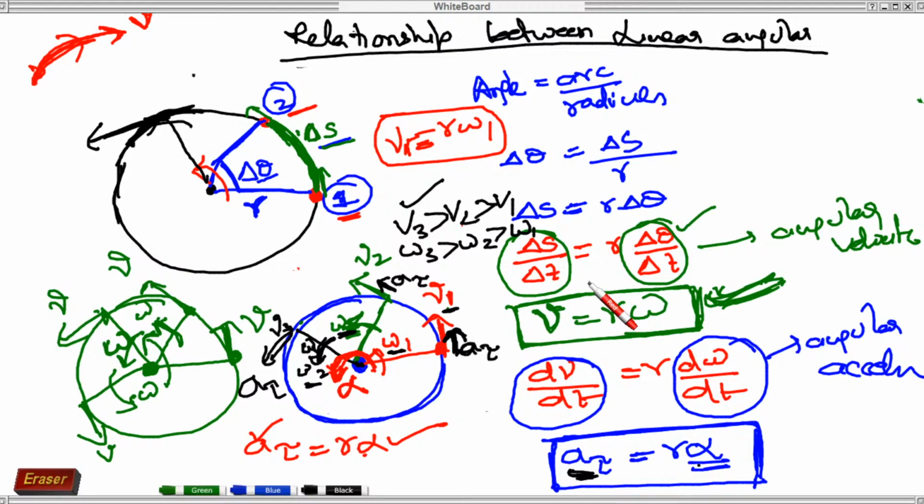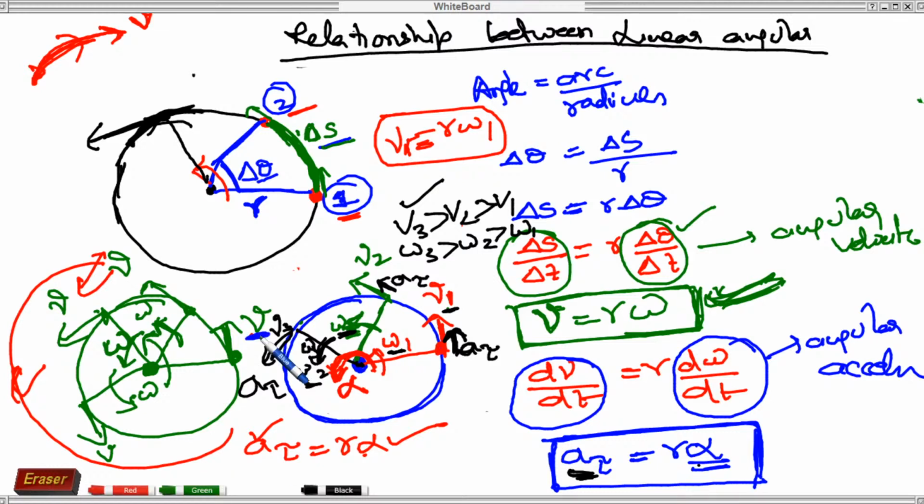But in this scenario, you can see our velocity v was constant, and our omega was the same.